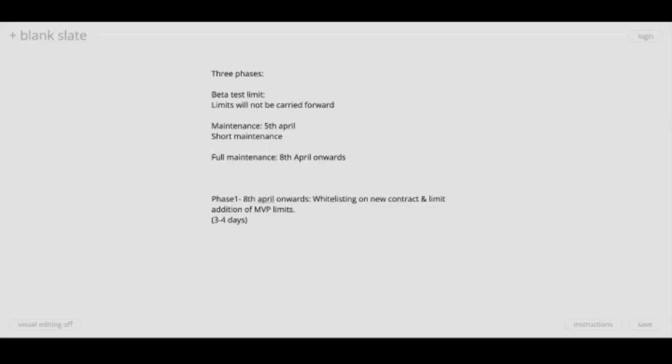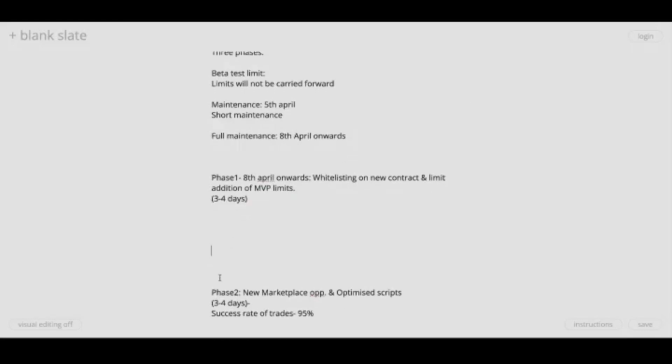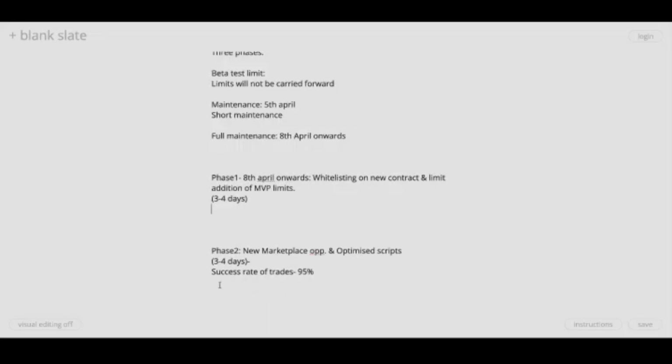All these wallets will be whitelisted against the MVP limits, and this will be a 3 to 4 day process. This is the first phase of transition from beta to MVP. In this period, we are not whitelisting new users. Understand this.